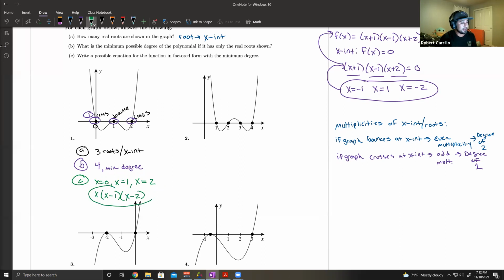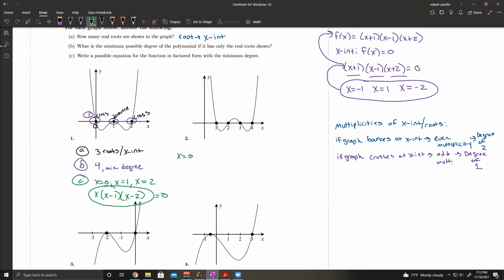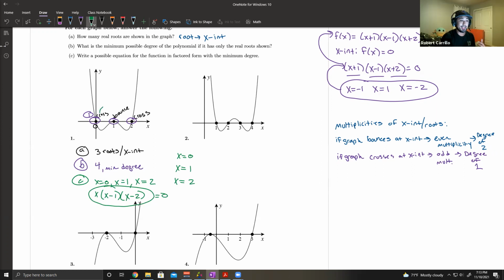If I set this equal to 0 and solve for x, what values would I get? X equals 0, X equals 1, and X equals 2. Exactly. And those are the x-intercepts of this graph, right? That's it. That's all we have to do.